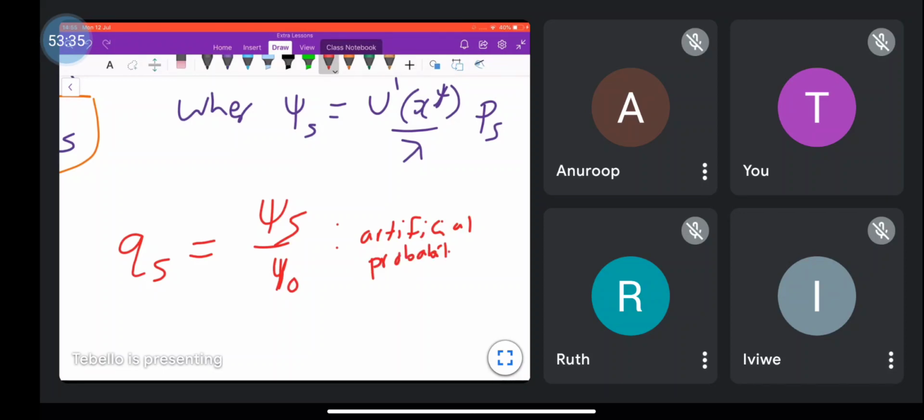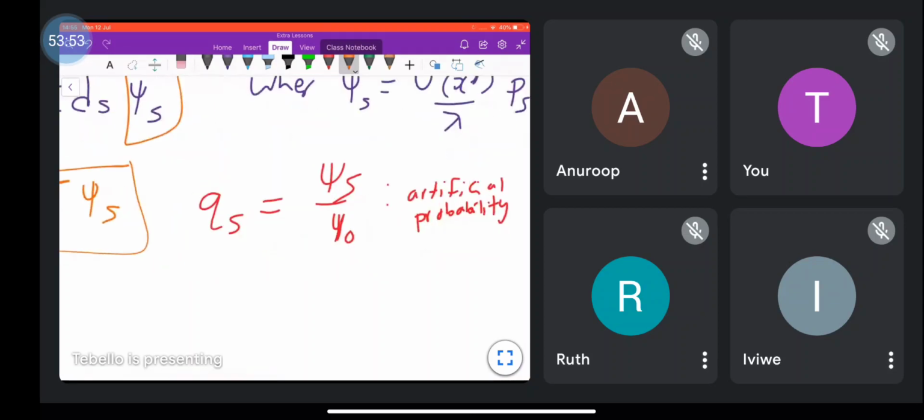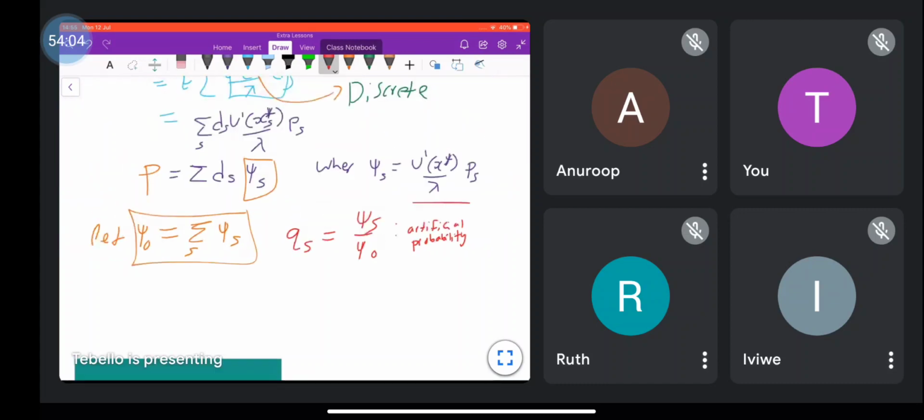So if a question asks you to find artificial probability, you basically have to sum your state pricings, and then find this again, and then use this equation over here. So basically this describes artificial probability. This is all they are asking you, right?